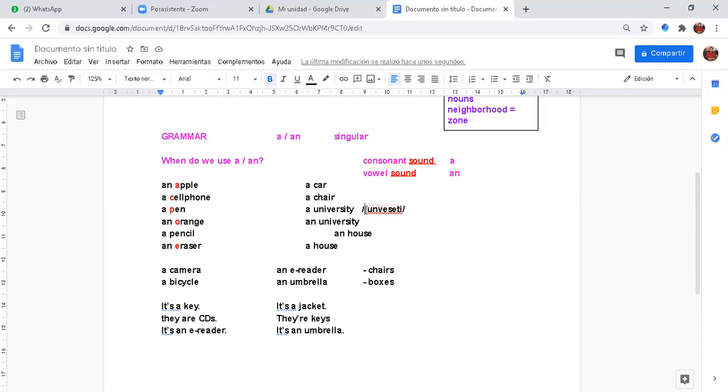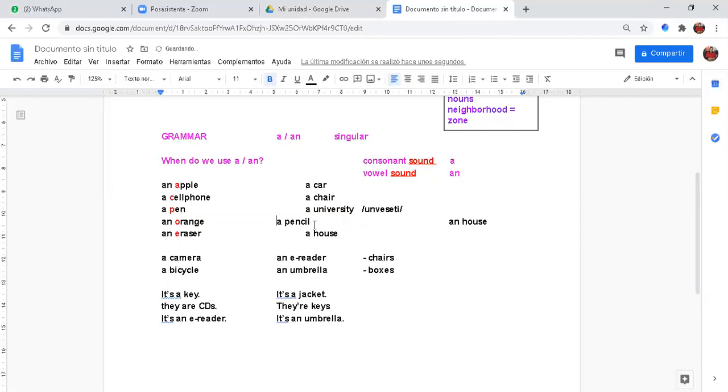It is not without this, like this. Phonetic writing is not like that, okay? So that's why it's not an. It is consonant sound. It has consonant sound. It is not vowel sound.